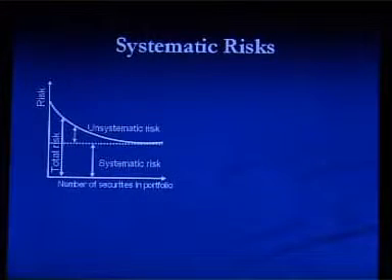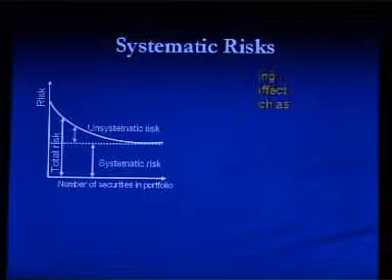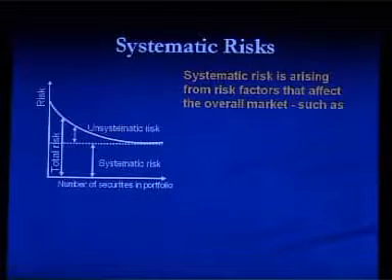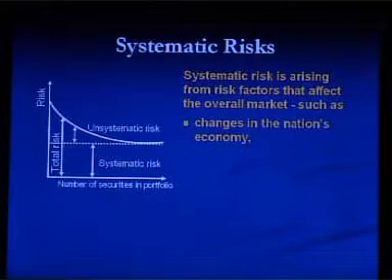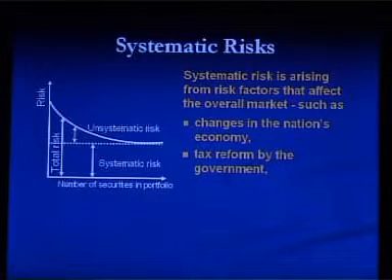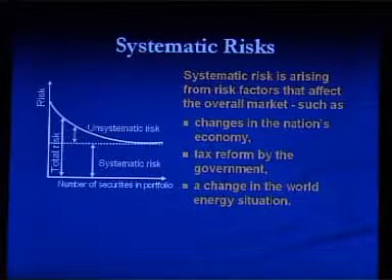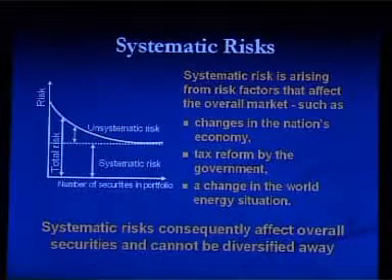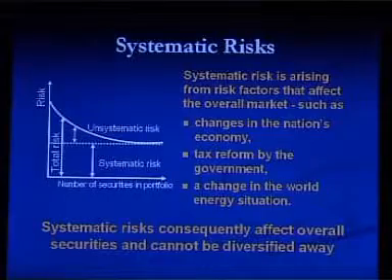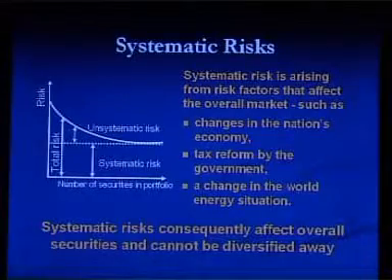In the graph you can see the systematic risk, where systematic risk arises from risk factors that affect the overall market, such as changes in the nation's economy, tax reform by the government, a change in the world energy situation, like this. Systematic risks consequently affect overall securities and cannot be diversified away. You get the idea about systematic risk.